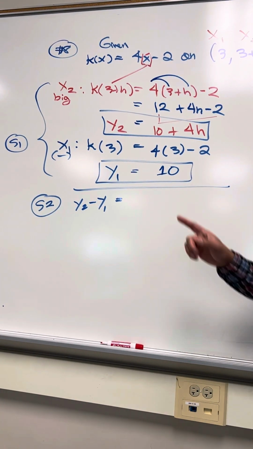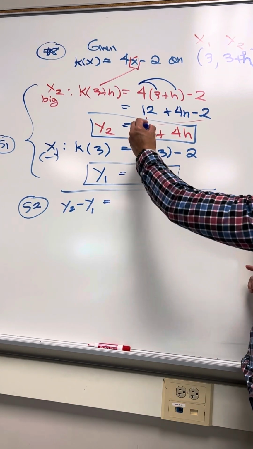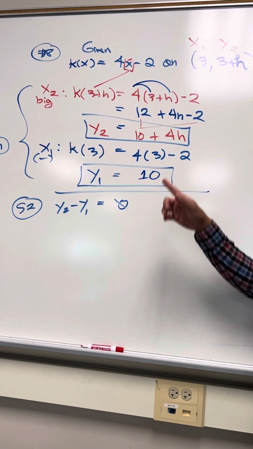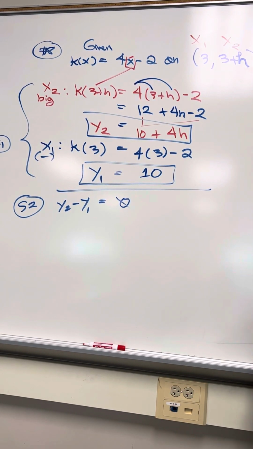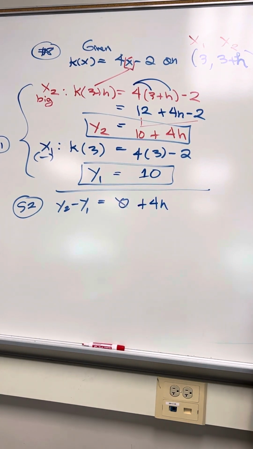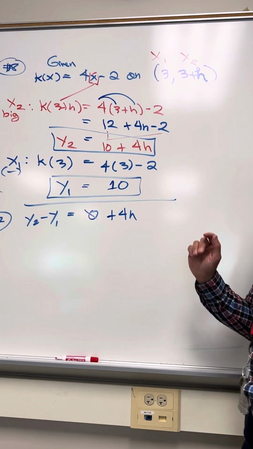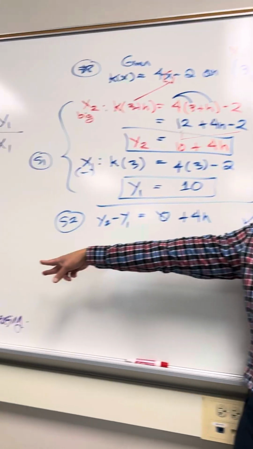What's 10 minus 10? 0, very good. So the 0 in here, we just don't write it anymore. 4h, there's no h in here, so it's 4h minus 0, just 4h. That's your y2 minus y1. You good? So check on step number 2, check on step number 1, step number 3.